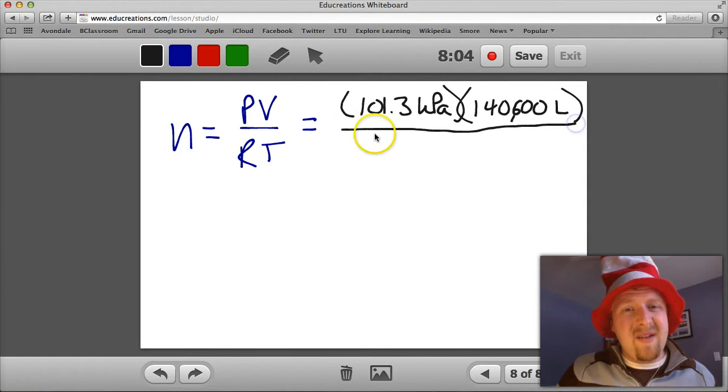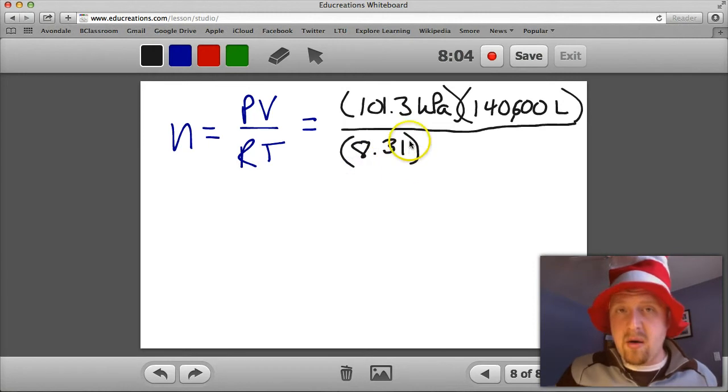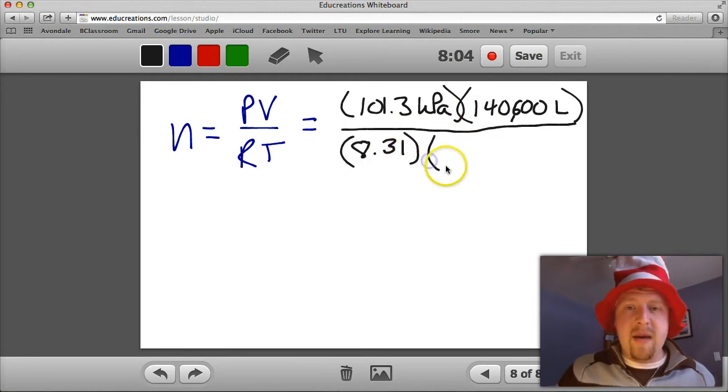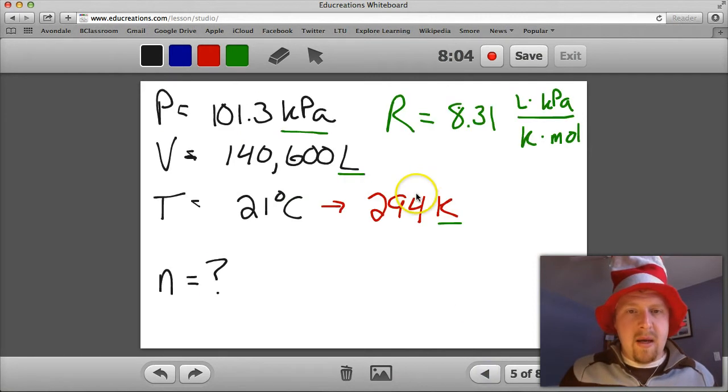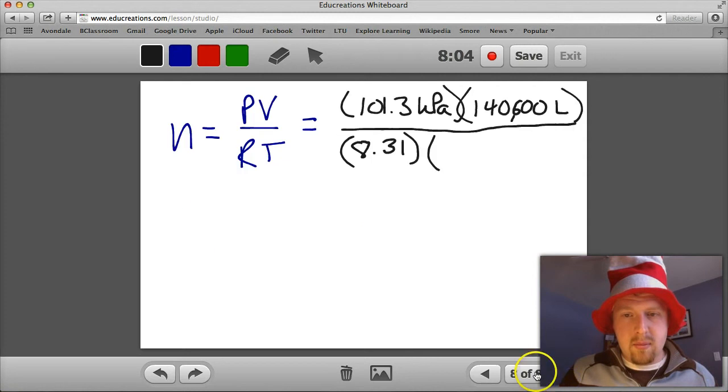R is that given value I was talking about, 8.31. And that will be given to you, okay? 8.31. I'm going to leave the units off for now. However, the units are incredibly important. And the temperature in Kelvin, let's shoot back and take a look, is 294 Kelvin.